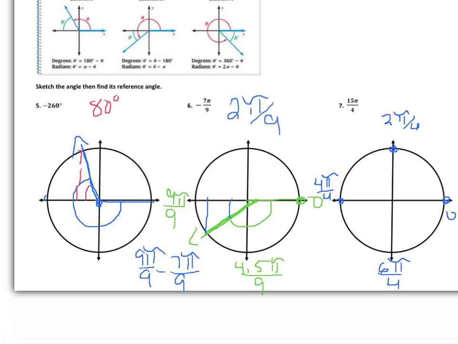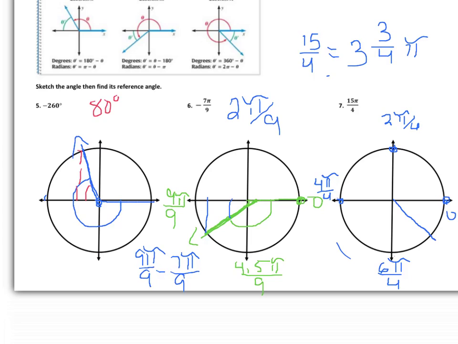Now watch. I change this 15 over 4 to a mixed number, 3 and 3/4. So that means I need to move pi. So I go 1 pi, 2 pi, 3 pi, and then I have 3/4 of a pi left. So there's 2/4, one more.